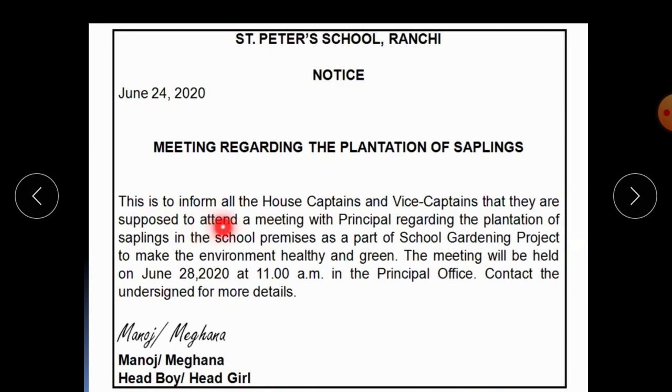This is to inform all the house captains and vice captains that they are supposed to attend a meeting with the principal regarding the plantation of saplings in the school premises as a part of the school gardening project to make the environment healthy and green.